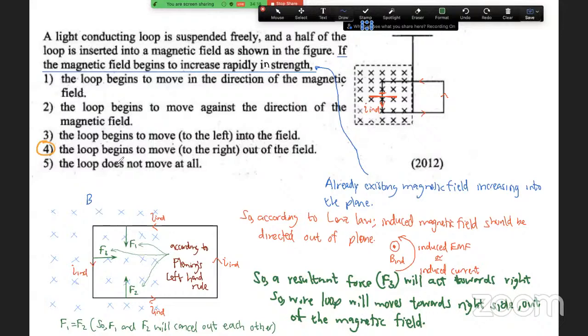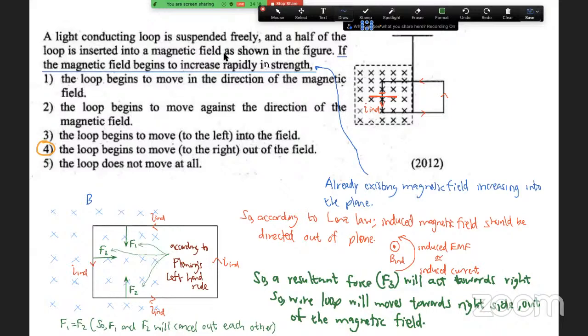How are we going to apply Fleming's right hand rule? Direction of motion. Direction of velocity means it should already be moving. If it was already moving, we could use the right hand rule. It is not already moving.